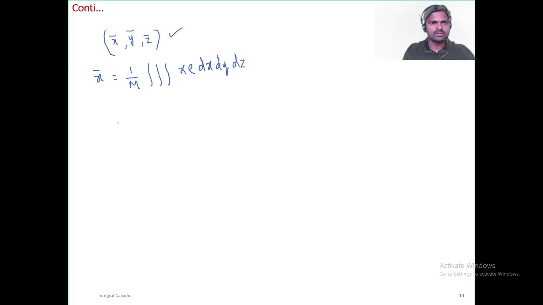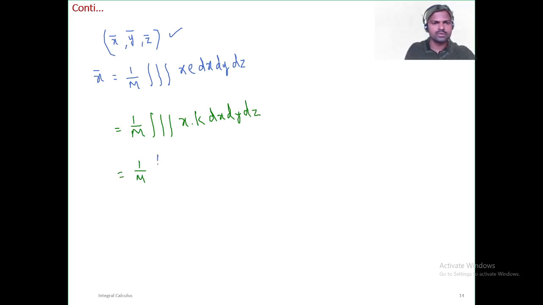So now this will be 1 over m, triple integration x into density function, and the density function is k into dx dy dz. The 1 over m I will substitute at the end.